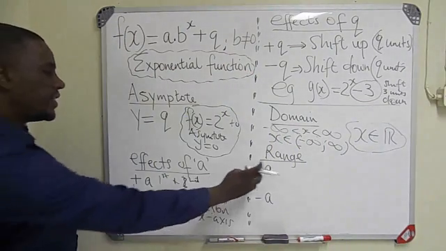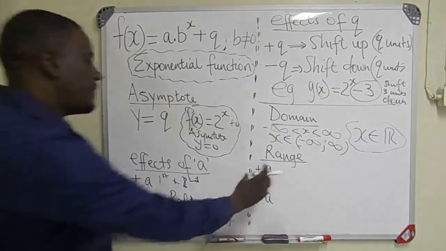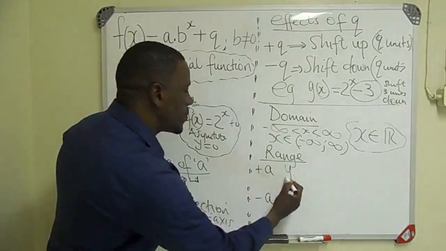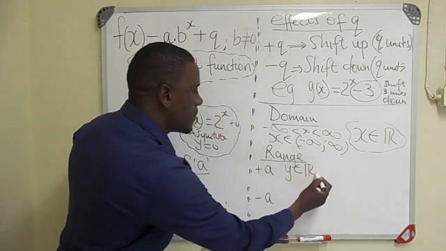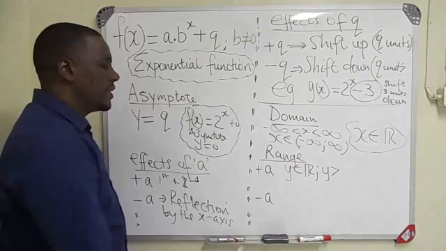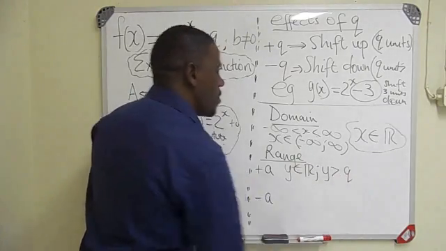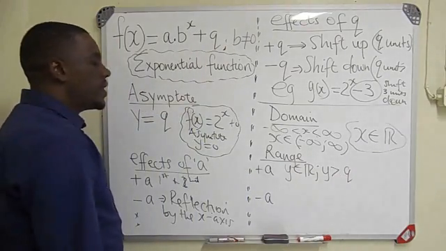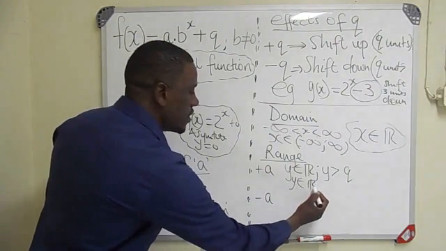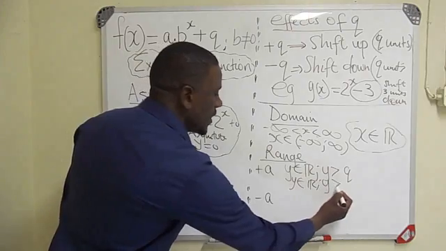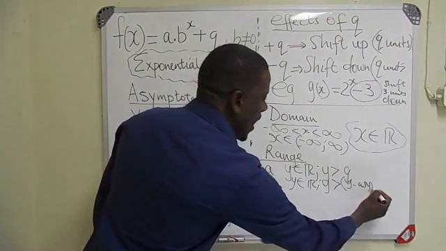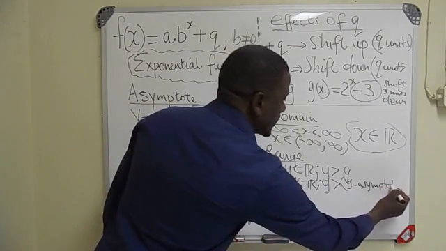Now the range, when we are having a positive a, our range is y an element of real numbers, y greater than q. We know that this is our y an element of real numbers, y greater than the y asymptote.